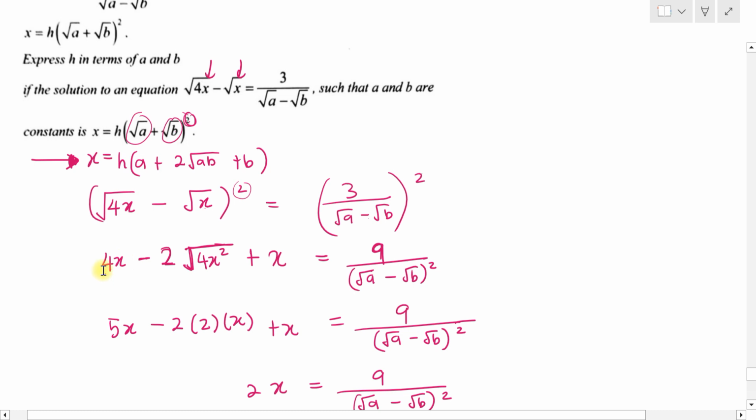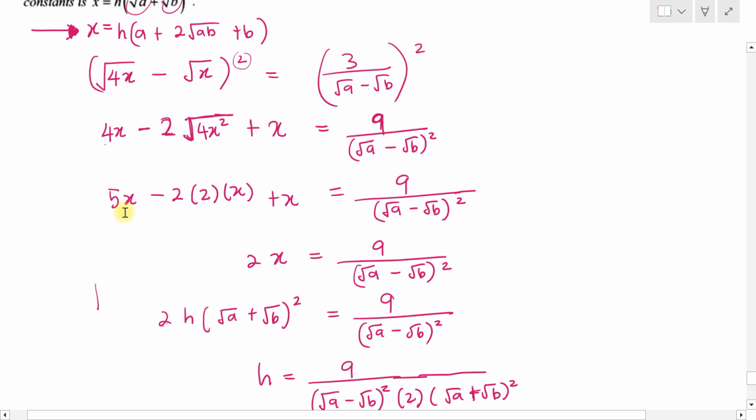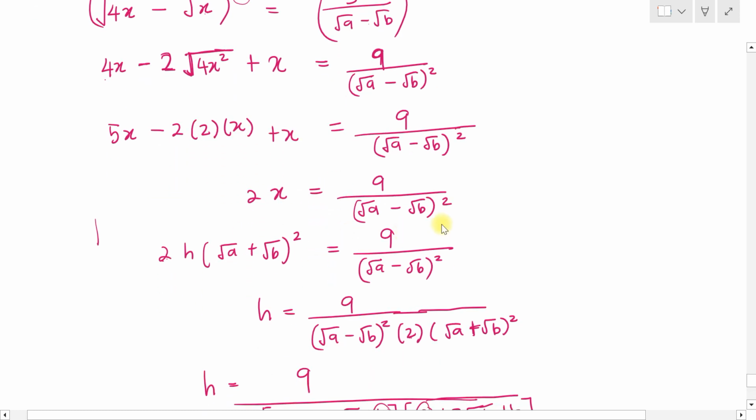When I square this, 4x, this one becomes positive x, and then negative 2 comes in front, 4x times x, 4x squared. Okay, this is all okay. 5x, 4x plus x is 5x minus 2. And then simplify the 4x squared inside the square root. I get 2x, correct.